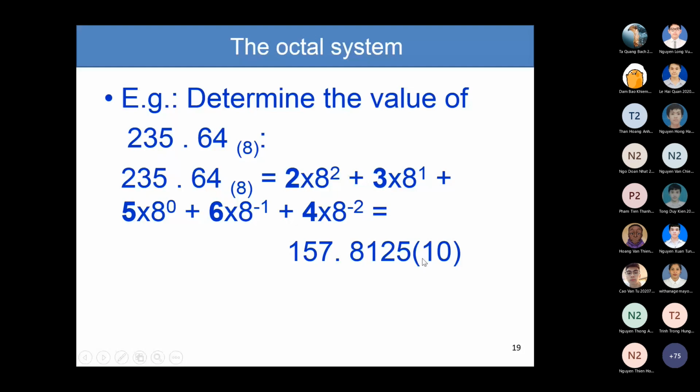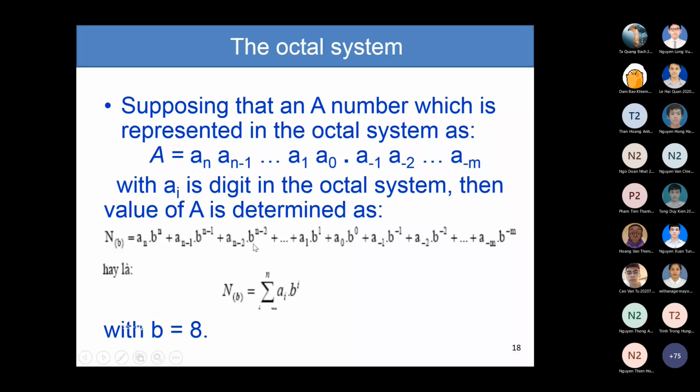So this is the value of the octal number in the decimal system. And this is the way to convert a number from the octal system into the decimal system. Note that this formula is the same for converting from a different b-based system into the decimal system. Okay.